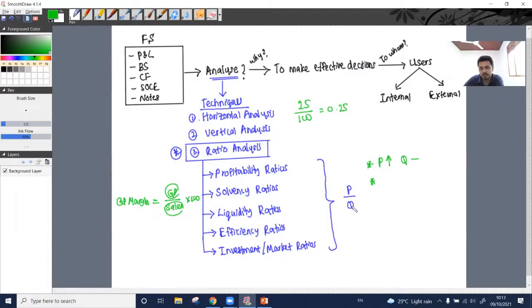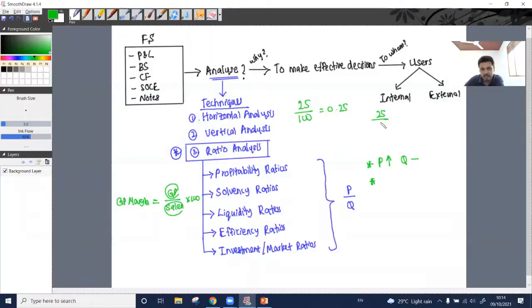What else can we do to improve this ratio? We can do the other side. We keep the numerator constant, and if we decrease the denominator, it will still result in an improved ratio. For example, I will keep the numerator at 25.